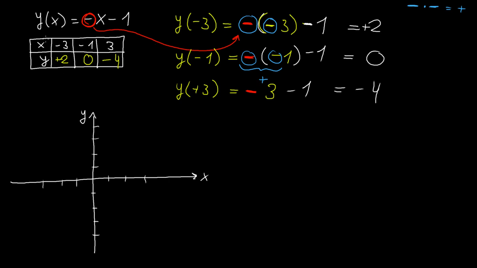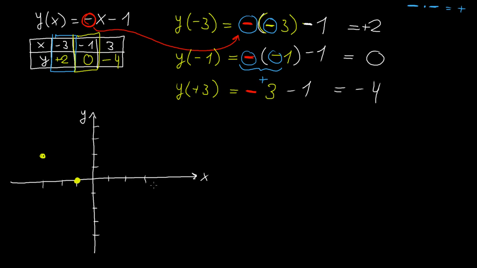Now we have the first point, which I will circle, minus 3 and 2. So we go minus 3 and a positive 2. The point is right here. The next point is minus 1 and 0, which is right here. So it intersects the x-axis at x equals minus 1.